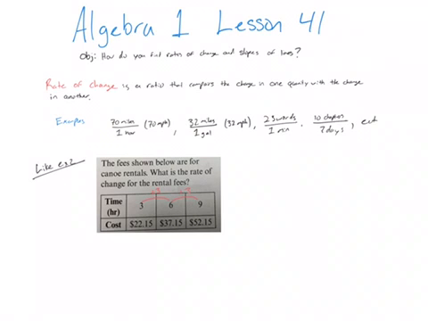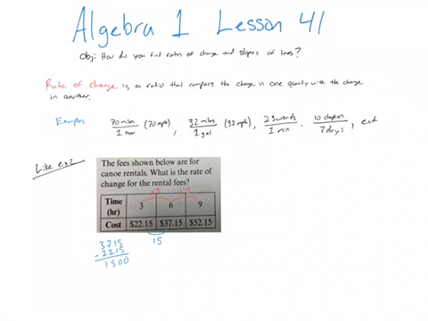The other thing I need to check is how did the cost change? Well, cost is a little bit harder to figure out. So sometimes we like to go the other way. We like to say 37.15 minus 22.15, the second one minus the first one, comes out to be 15.